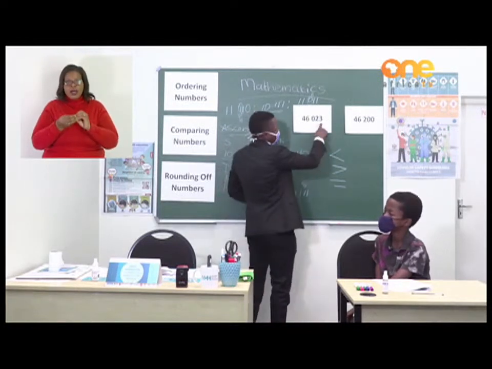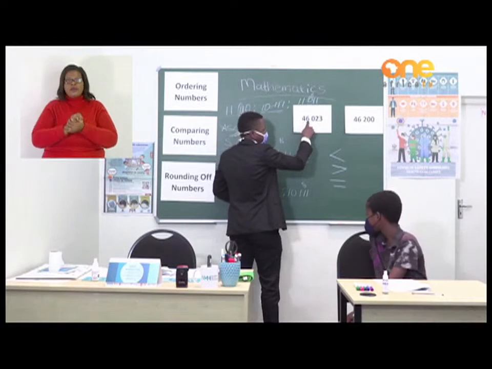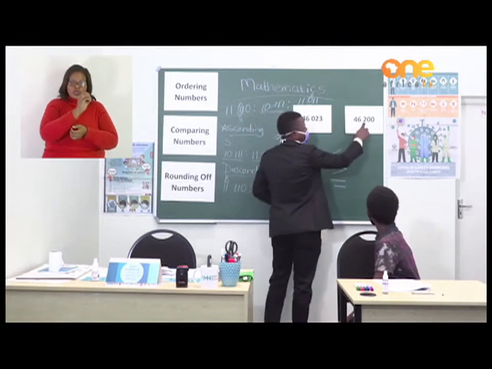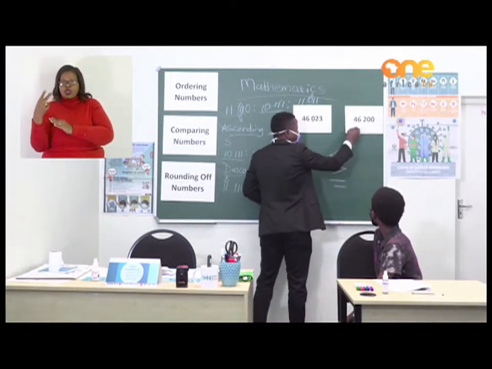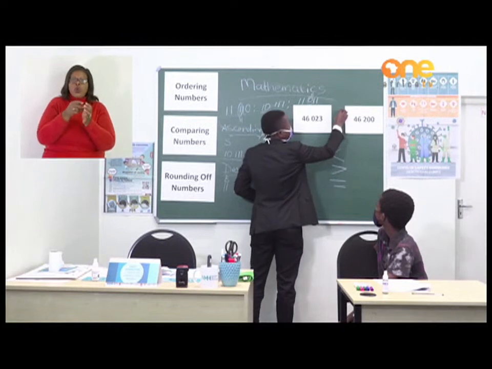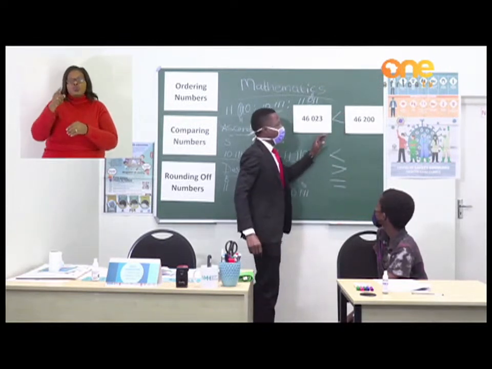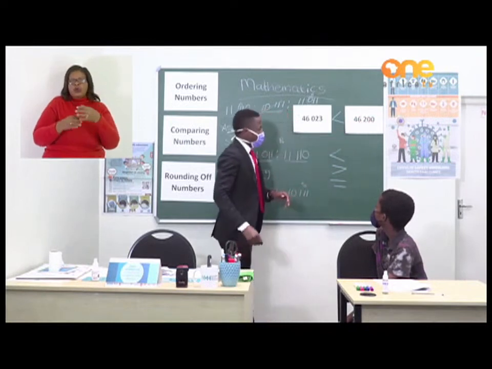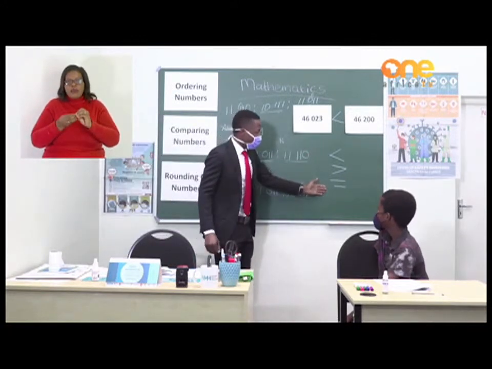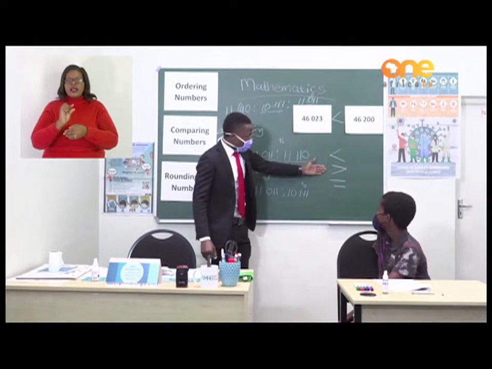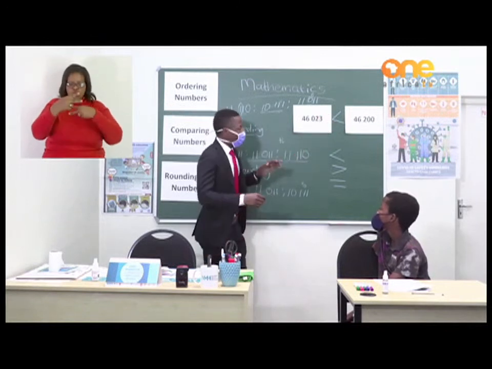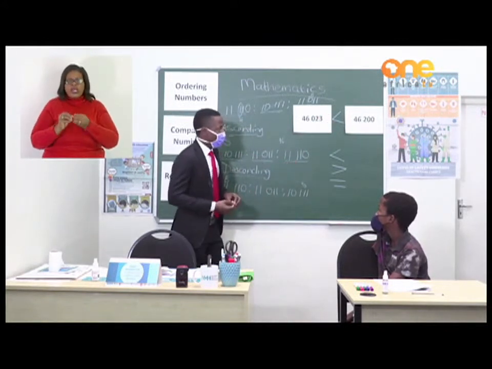So if you look at these numbers, 46,000 and 23, here I have 200, meaning this is bigger than this. So the crocodile here will obviously go and eat the number which is big. So in short, comparing numbers, we use the relationship signs, smaller than, greater than, and equal to, to see which number is bigger than the other.